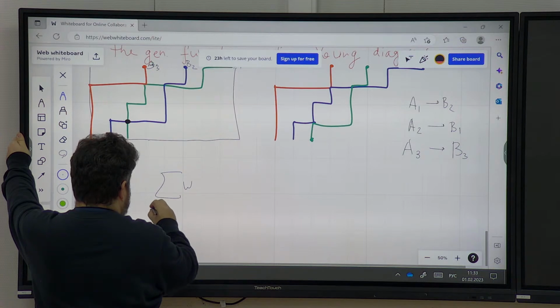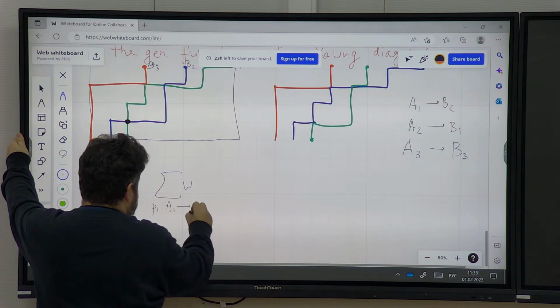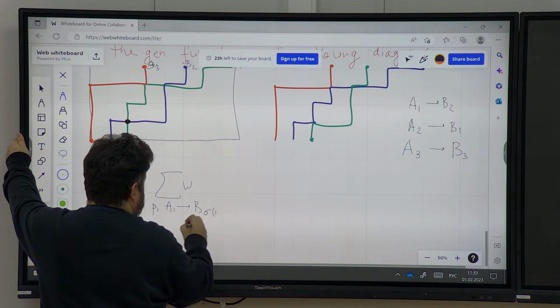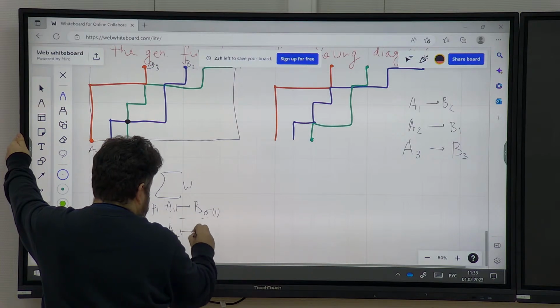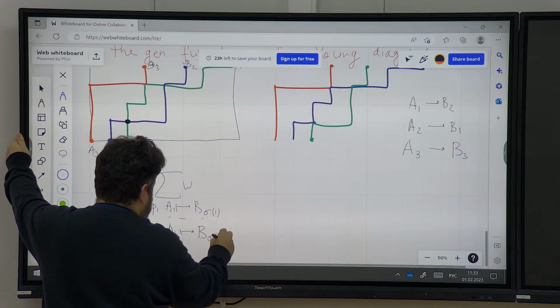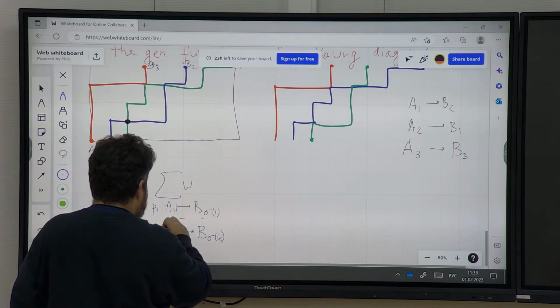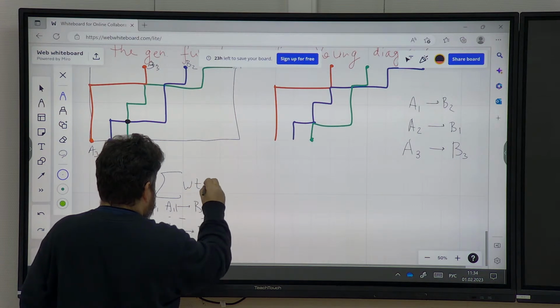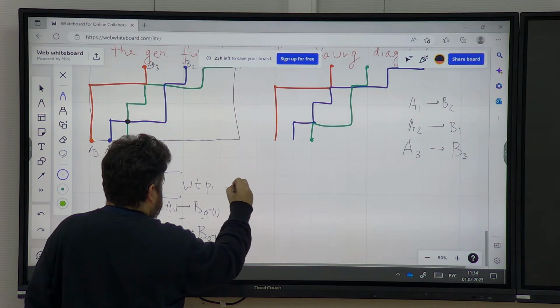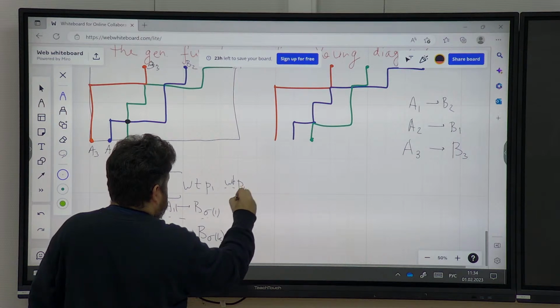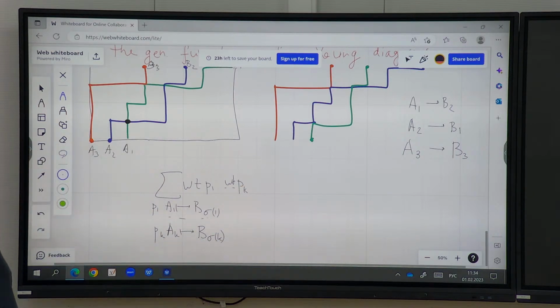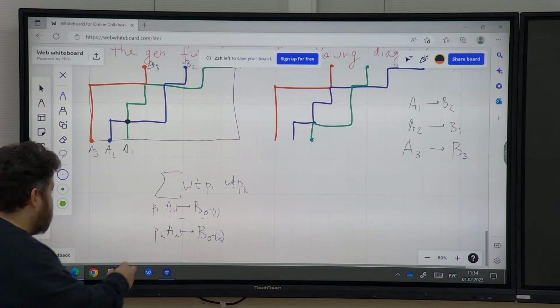So P1 brings A1 to B, well, let's say sigma of 1. A_k is brought into B sigma of k. Well, k is the number of paths, and this is weight of P1, weight of Pk. And let me also multiply by the sign of the permutation.